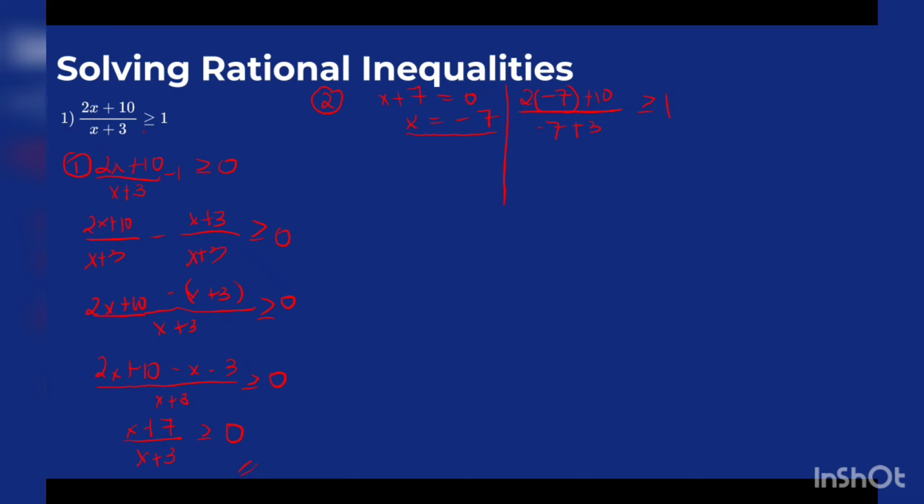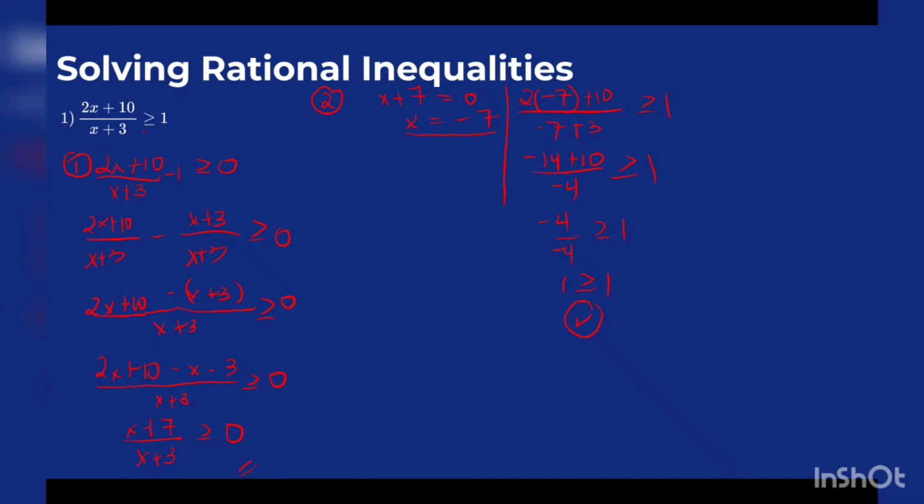Simplifying, we'll have negative 14 plus 10 over negative 4 is greater than or equal to 1. And this will give us negative 4 over negative 4 is greater than or equal to 1, which is 1 greater than or equal to 1, which is a correct inequality. So that means negative 7 is included in our solutions.